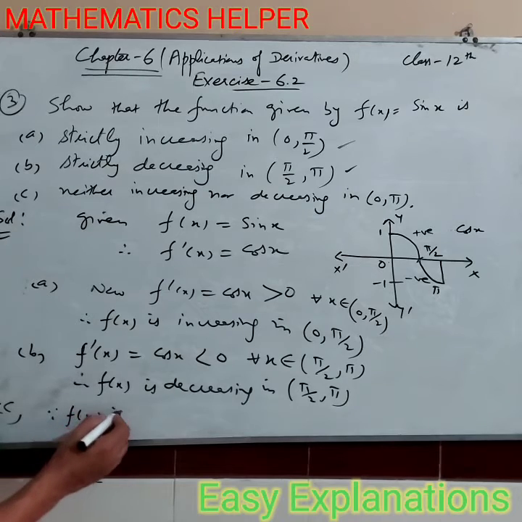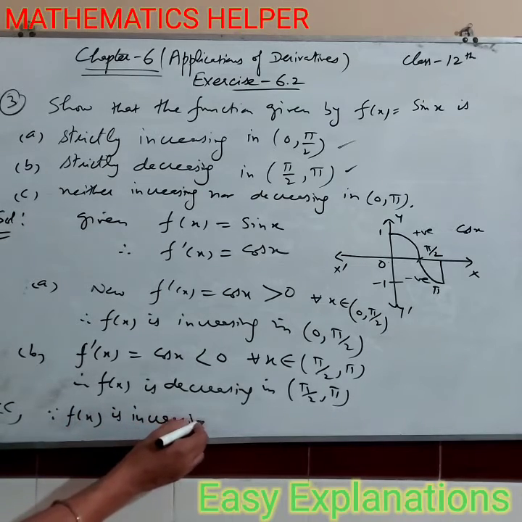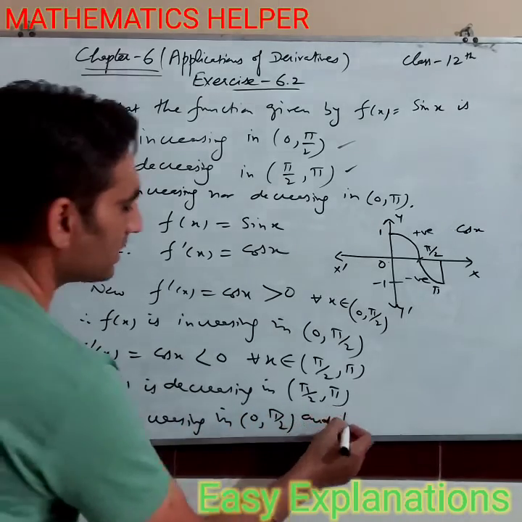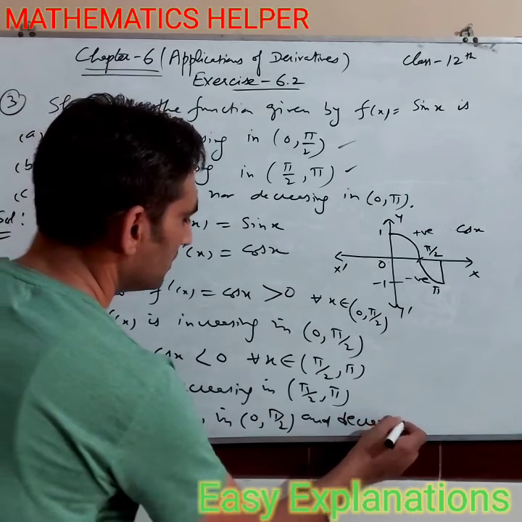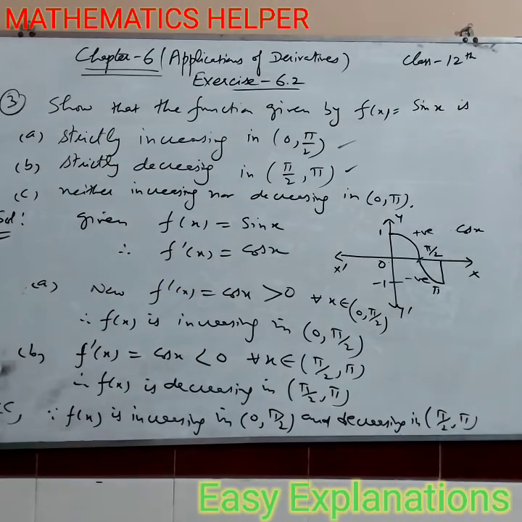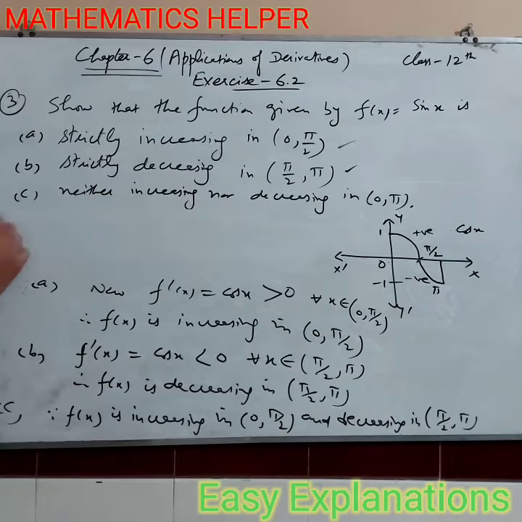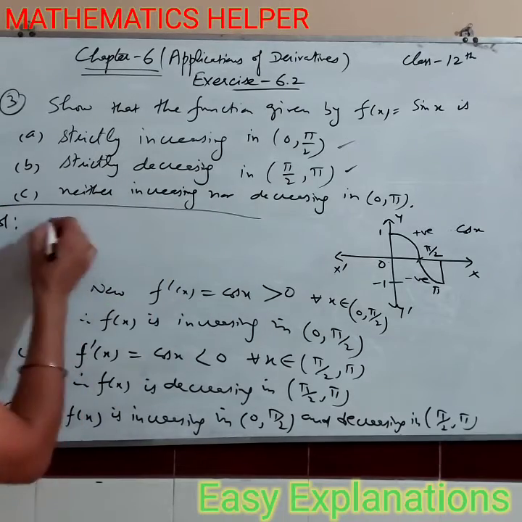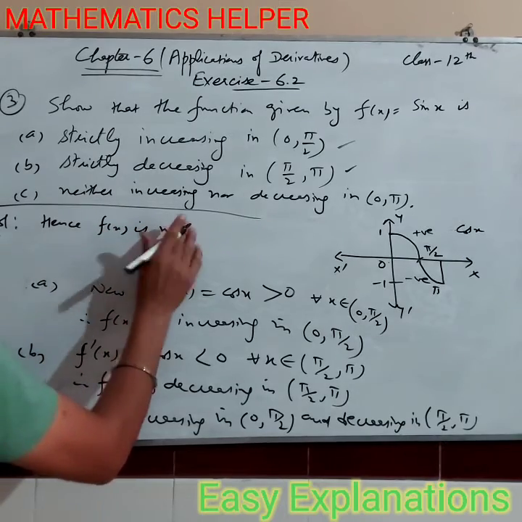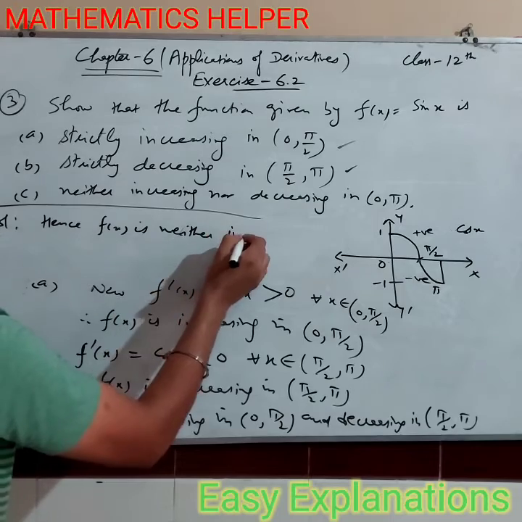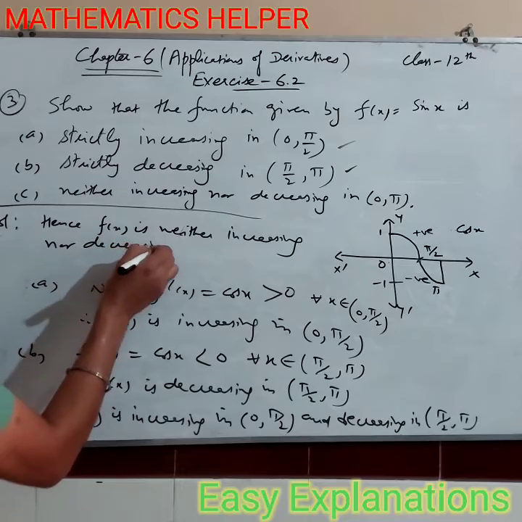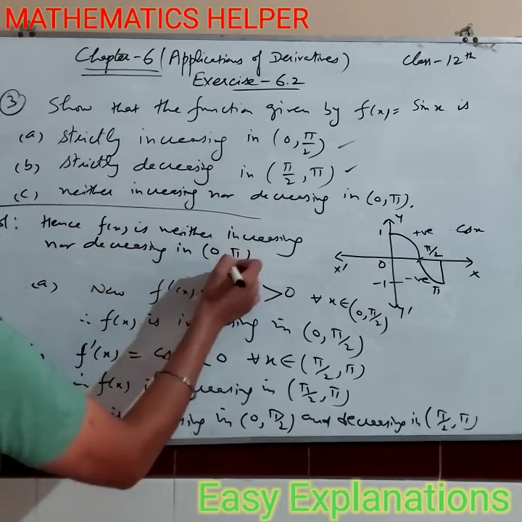Now the third, because f(x) is increasing in 0 to pi over 2 and decreasing in pi over 2 to pi, hence in the end we can say f(x) is neither, so it is not showing one kind of result, neither increasing nor decreasing in the total interval 0 to pi.